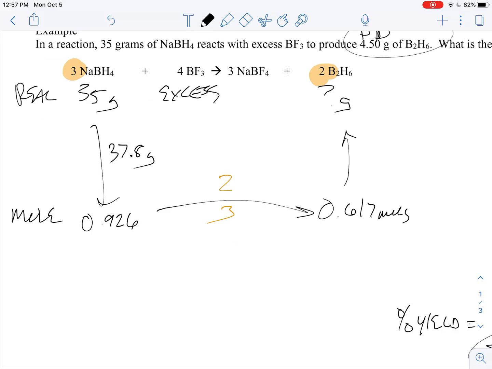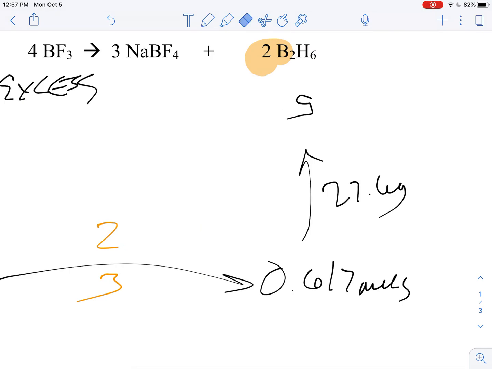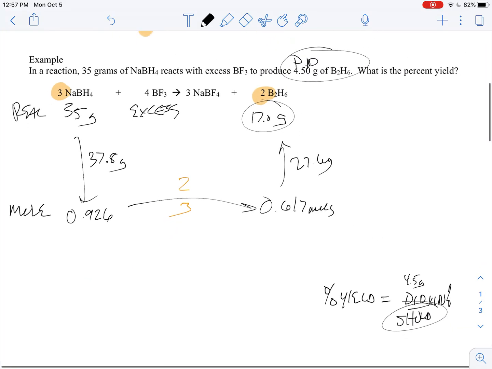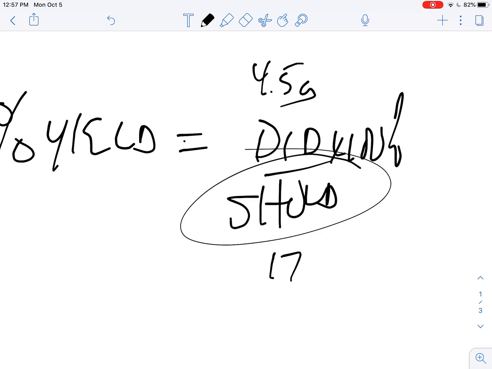And then all you got to do is work your way back up into the real world units, realizing that it's 10.8 twice, and then 6 more for the hydrogens is 27.6 grams for the molar mass for that stuff. At the 0.617 is going to get you about 17 grams for your theoretical. So that's 17.0 grams that you should have gotten theoretically. So according to all of the math, I should have gotten 17.0 grams.